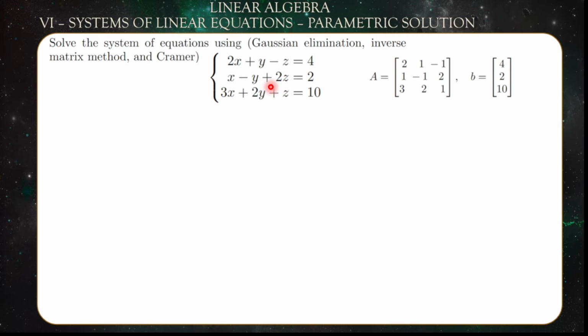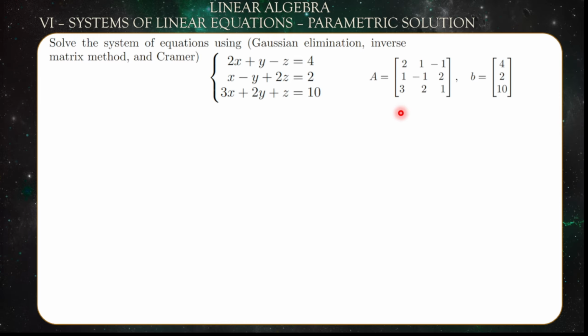You extract the values multiplied by them, and you place them in the A matrix, which is formed by respectively 2, 1, minus 1, the first row, 1, minus 1, 2, second row, and 3, 2, 1, the third row. This is the A matrix. As for B, which is the constant part made of a column vector, the elements are 4, 2, 10. That would be the constant vector.